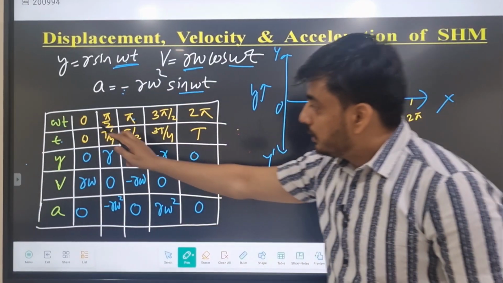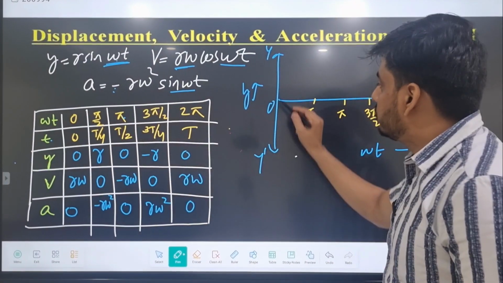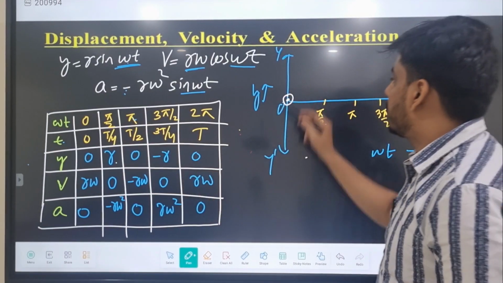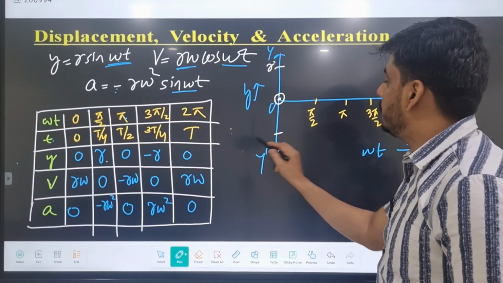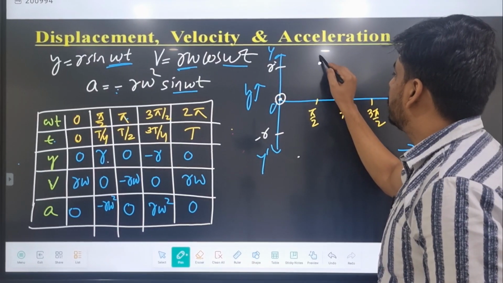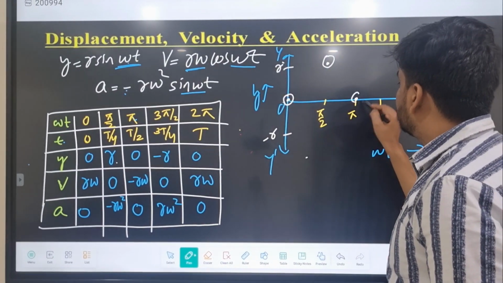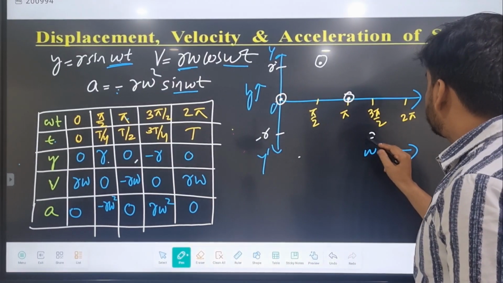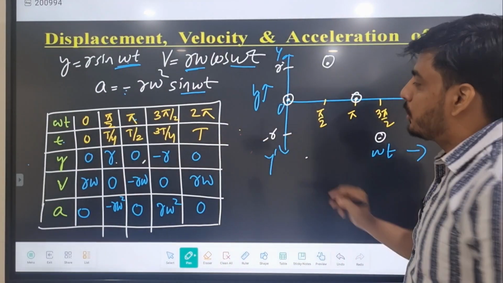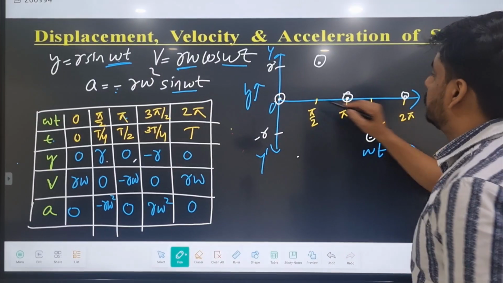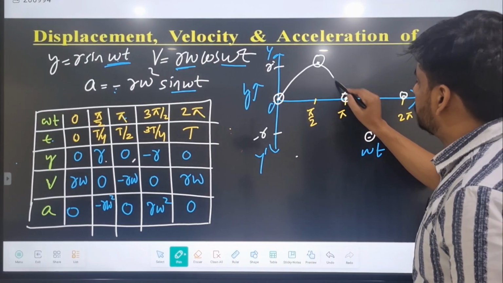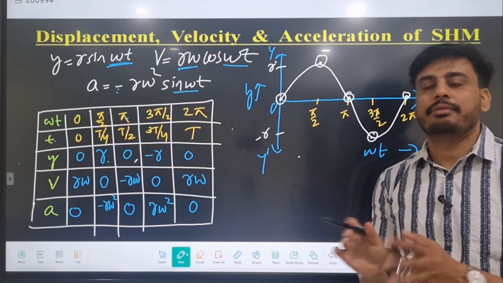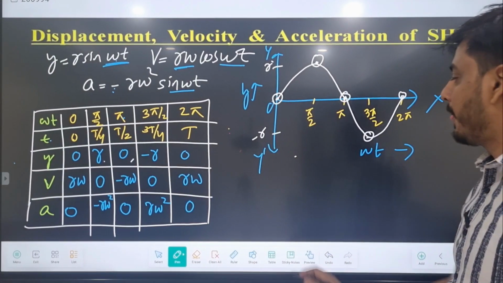The points you can see: when omega t is 0, displacement is 0, so the point is here. When omega t is pi by 2, displacement is r. Let this be r and this will be minus r. So this point will be here. At pi it's 0. Then at 3 pi by 2 it is minus r, so the point will be here. Then at 2 pi it is again 0. So we just connect the dots. Once we connect, we will find a sine curve. So this is the graphical representation of displacement.